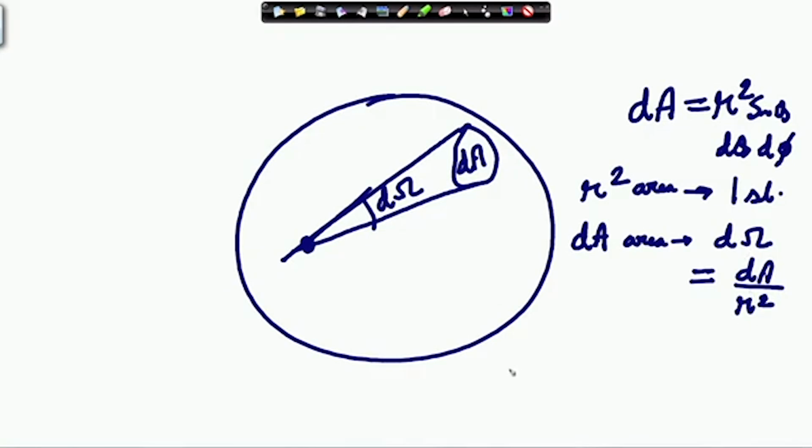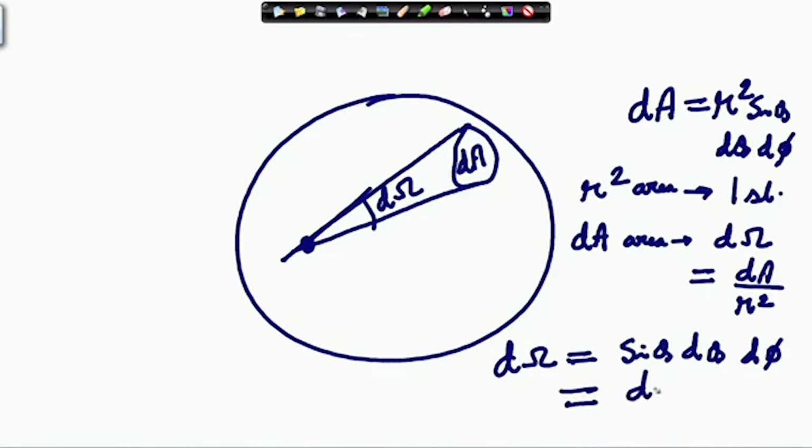So, what is the value of d omega? From here it comes, it is simply sin theta d theta d phi. So, d omega is this. Also, an elemental area dA will subtend an elemental solid angle d omega at the center, and their relation is d omega is equal to dA by r square. This much I need.